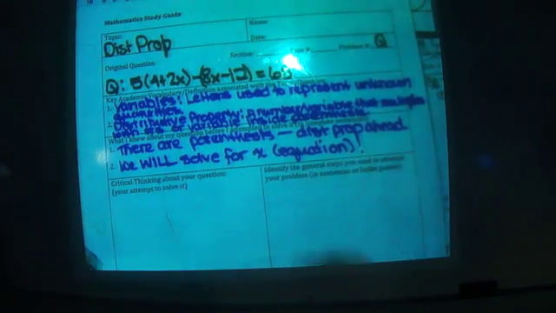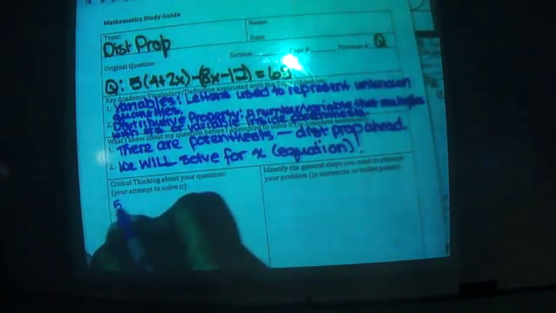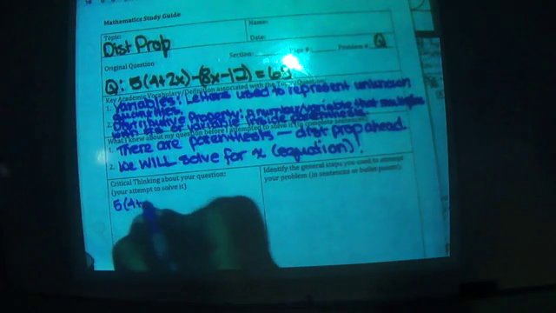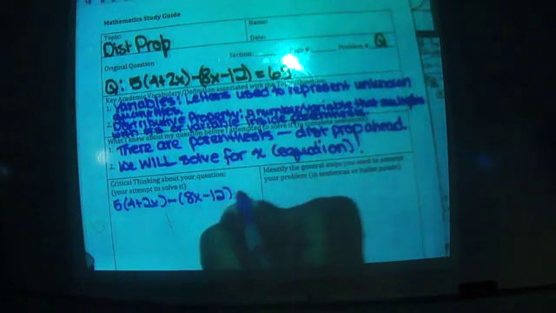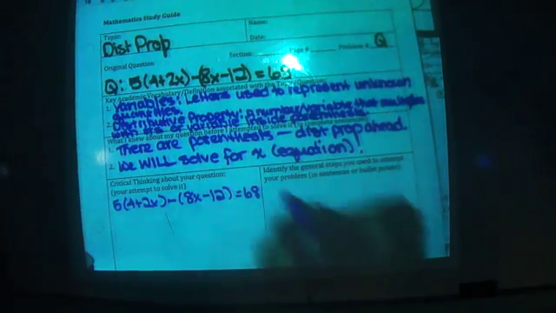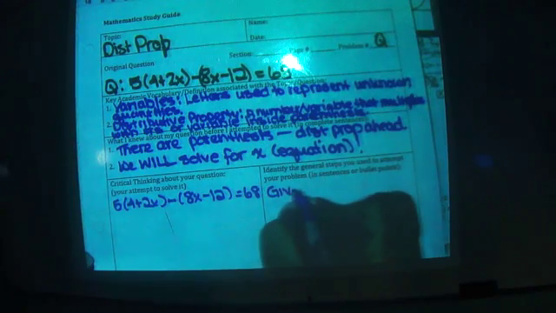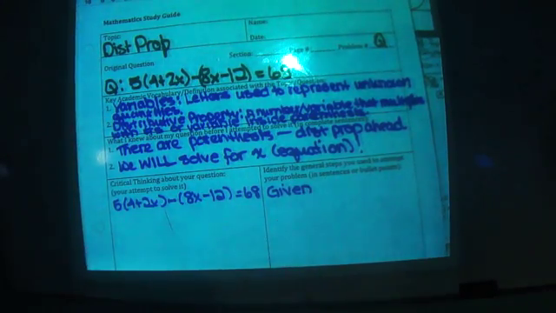First thing we need: rewrite the problem. 5 times (4 plus 2x) minus (8x minus 12) equals 68. And that's your given. Okay, what are we going to do next? Add. Combine. Take away. Distribute. Oh, distribute. Good.